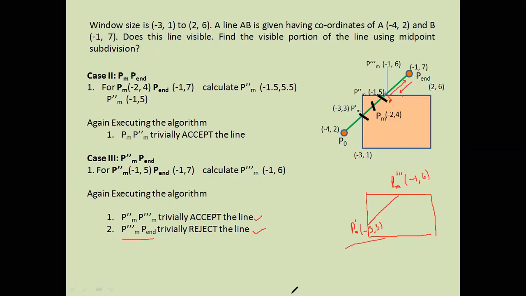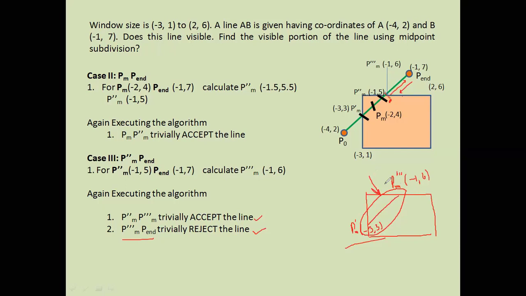I hope you are able to understand the difference between the Cohen-Sutherland line clipping algorithm and this subdivision midpoint line clipping algorithm. Simply, the calculation of the intersection across the edge has changed in subdivision, so the calculation has become simpler.